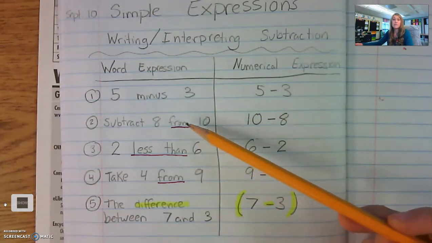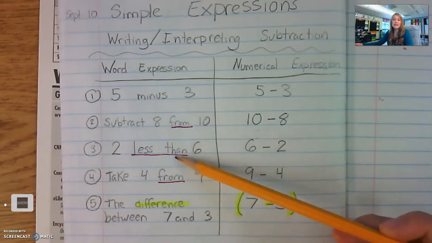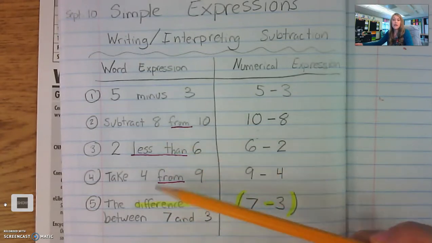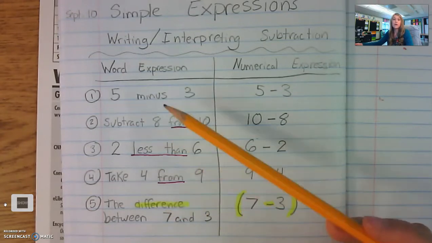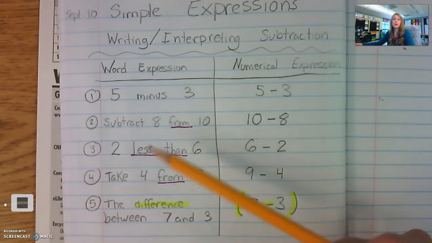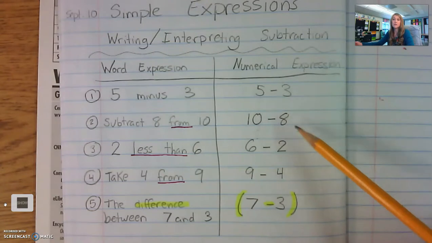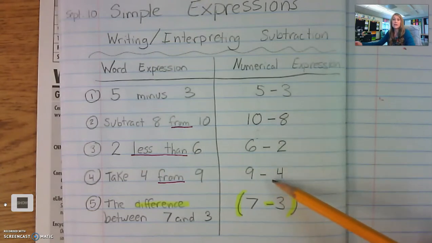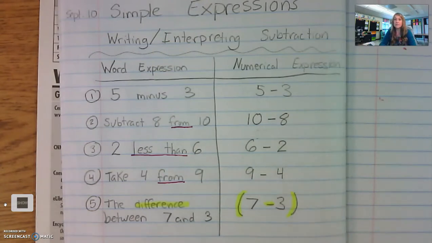But if we see from or less than, subtract, take away, or take from, those are going to be written flip-flopped, where the first number that we see is actually going to be the number at the end. Let's look at a couple examples to make sure we understand what we're doing.